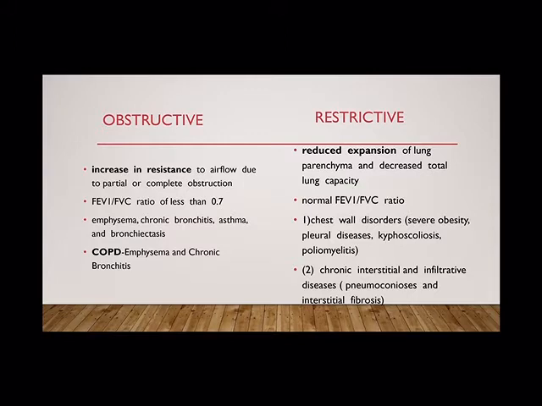Now, speaking on your restrictive part, normally what happens is it restricts the inflow of air. So your inspiration itself is a difficult one. So when you look into your FEV1 by FVC ratio, FEV1 as such is reduced.